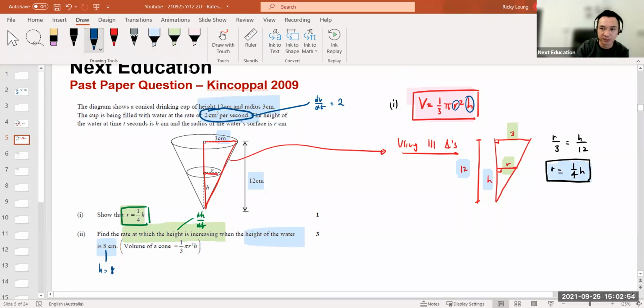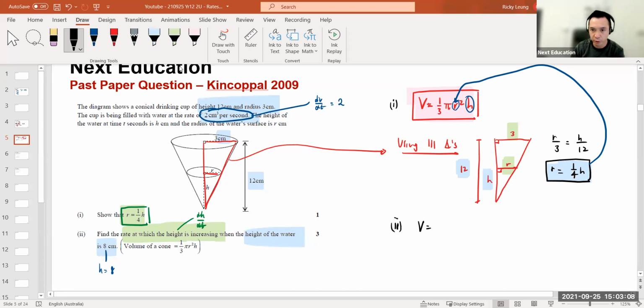Now, the purpose is to plug this into r here and get an expression for the volume in terms of h. So let's do that for part 2. Volume used to be a third pi r squared h, so let's plug this in. I get a third pi times a quarter h, squared, times h.